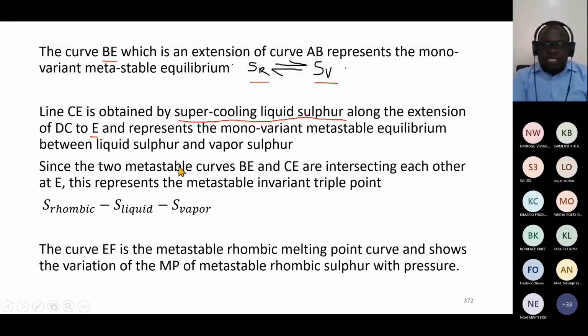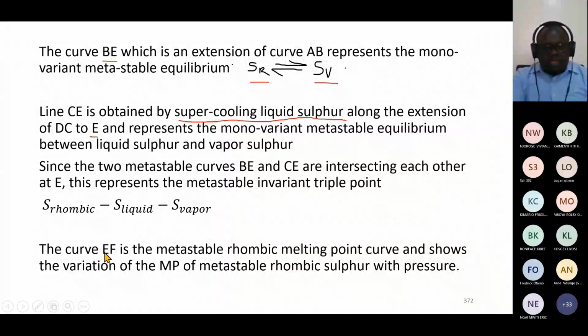Now, since the two metastable curves BE and CE intersect each other at E, the point E represents the metastable invariant triple point, where you have rhombic sulfur, liquid sulfur, and vapor sulfur existing at equilibrium.